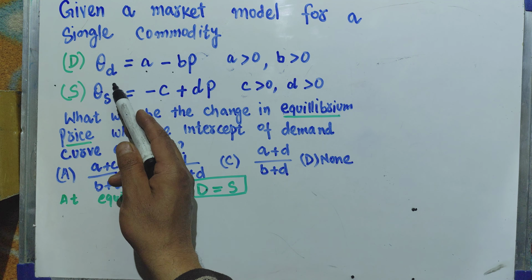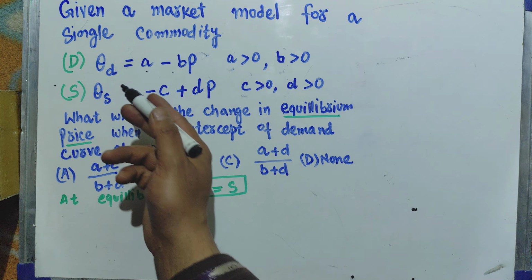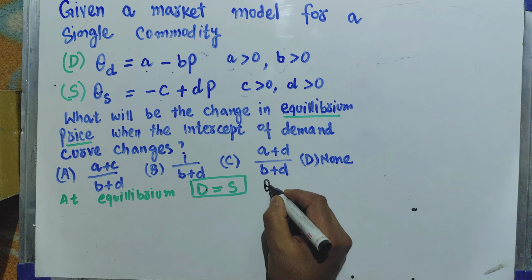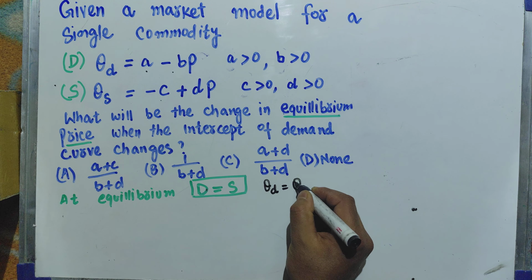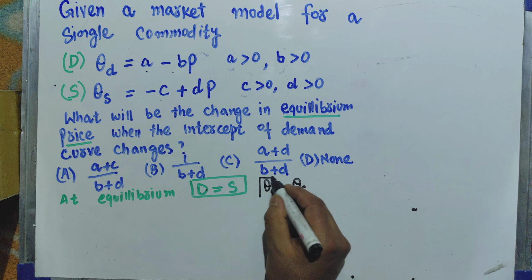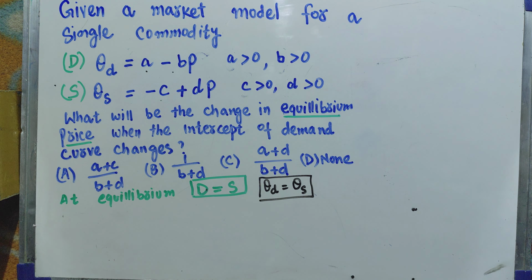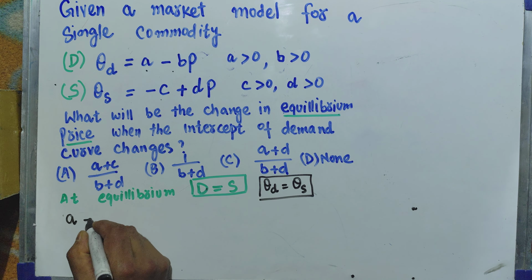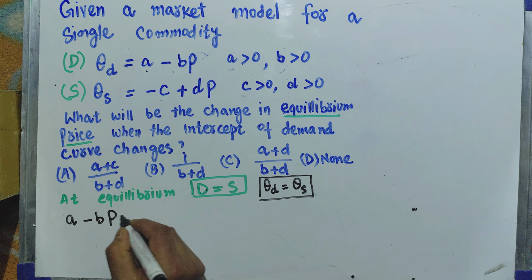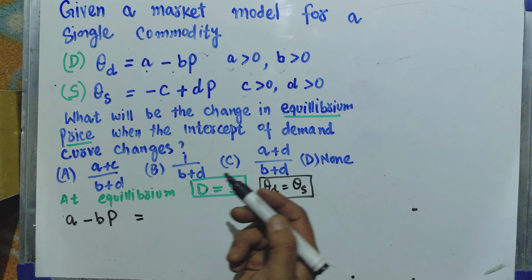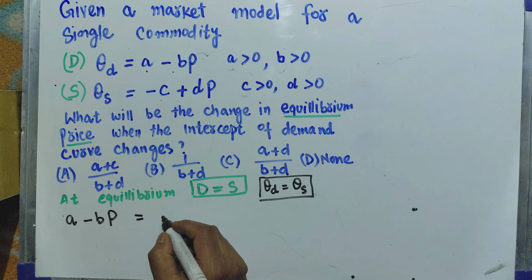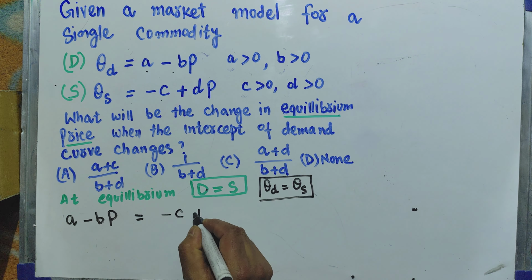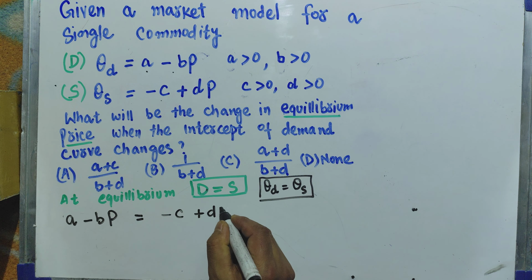In this particular case, QD should be equal to QS. So at equilibrium, quantity demanded should be equal to the quantity supplied. QD is equal to A minus BP. Now it should be equal to the quantity supplied, which is equal to minus C plus dP.